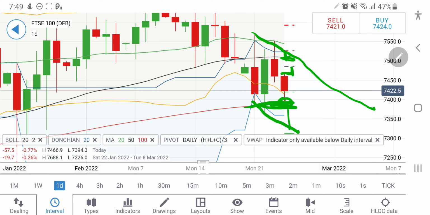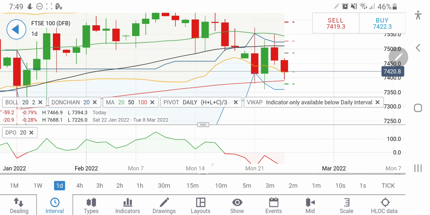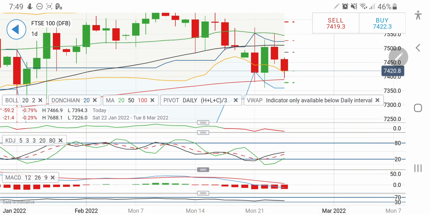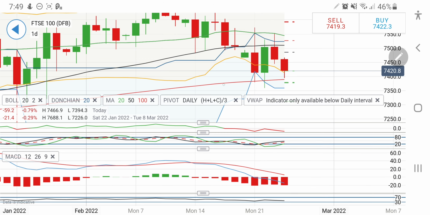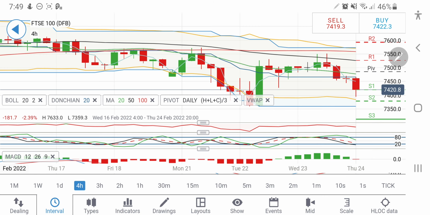So remember, a long entry beyond 7460, a short entry below 7380. In between these 80 points, we have to be a little bit cautious.